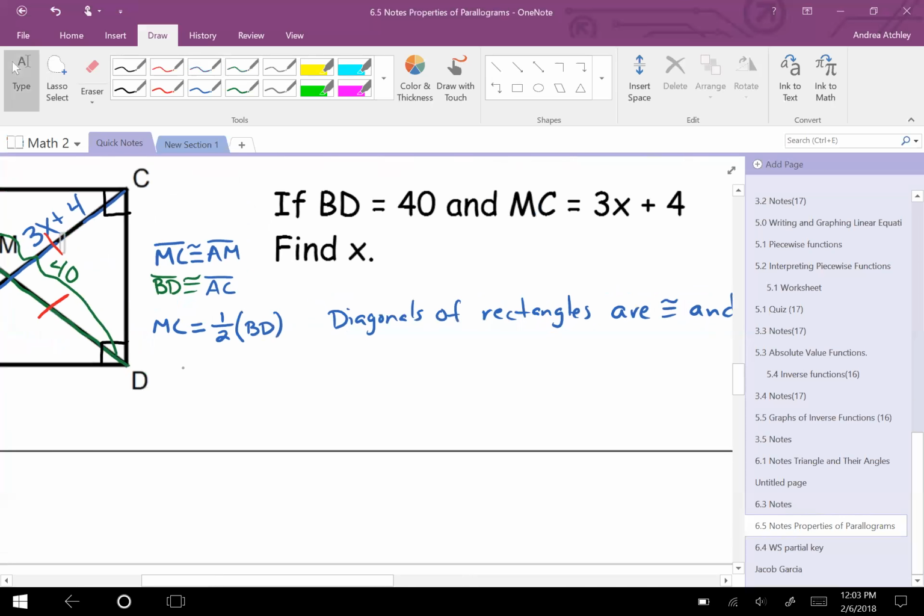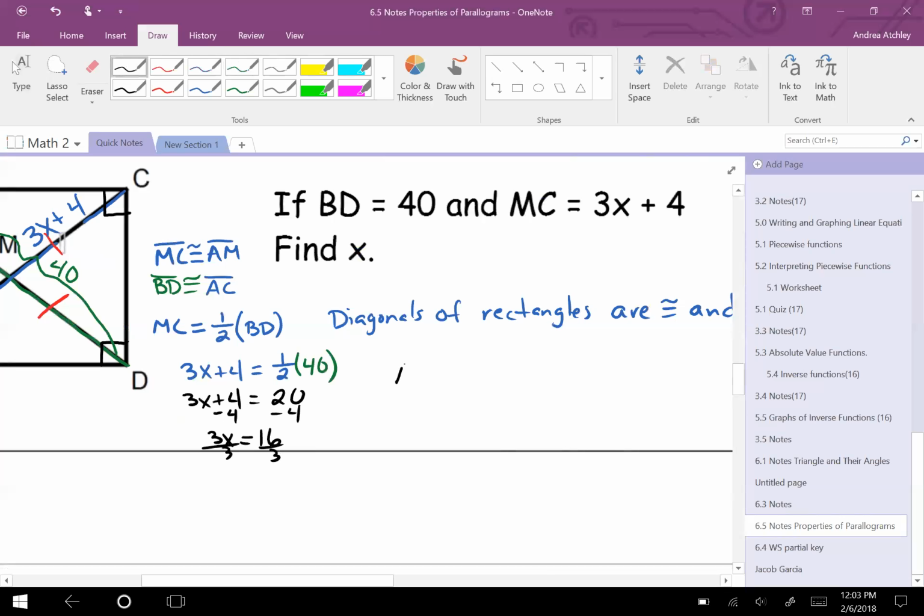So we have MC, which is 3x plus 4, equals 1/2 of BD, which is 40. So then we're just going to solve. 3x plus 4 equals 20. Subtract 4, get 3x equals 16. Then I'm going to divide by 3.